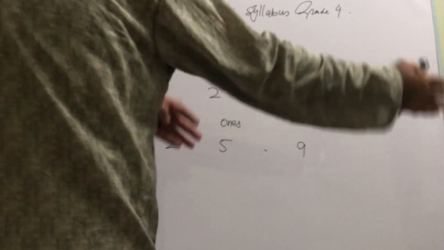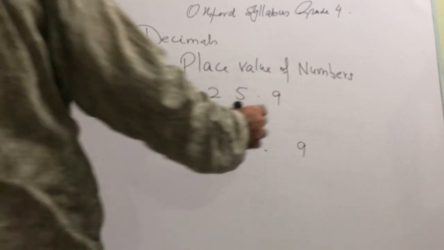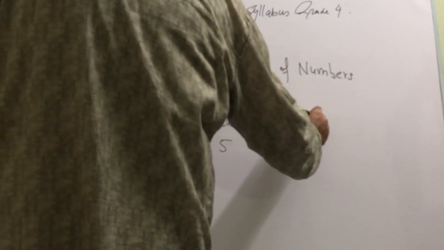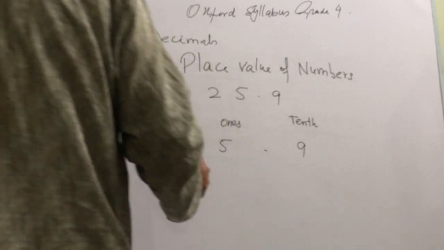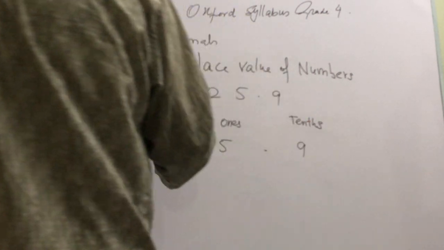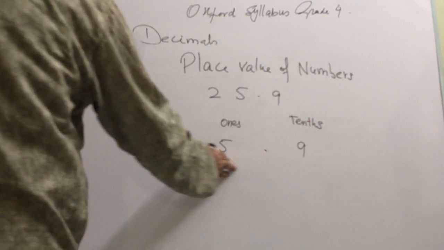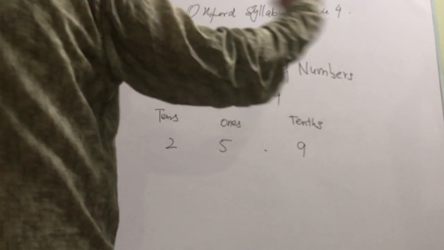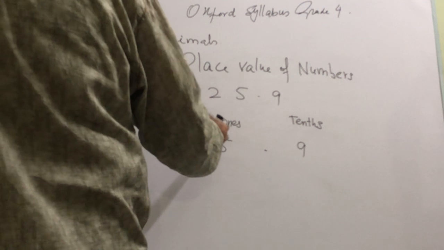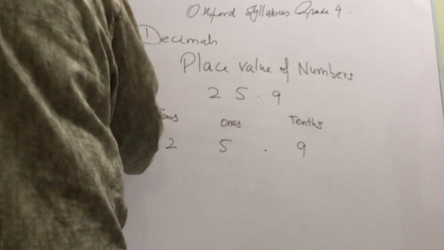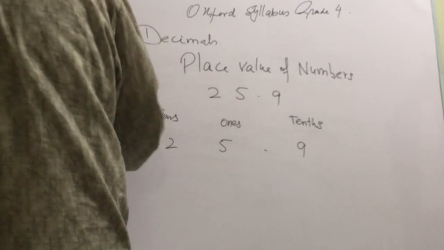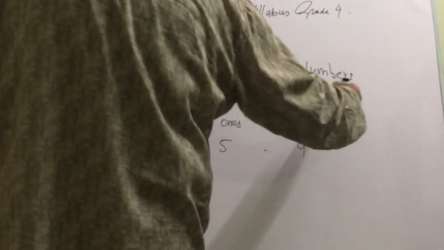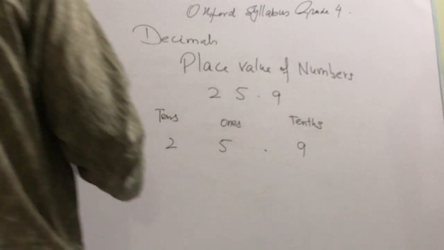The right side of the decimal we have 9, which is termed as tenths. On the other side, we start with tenths, hundredths, thousandths.